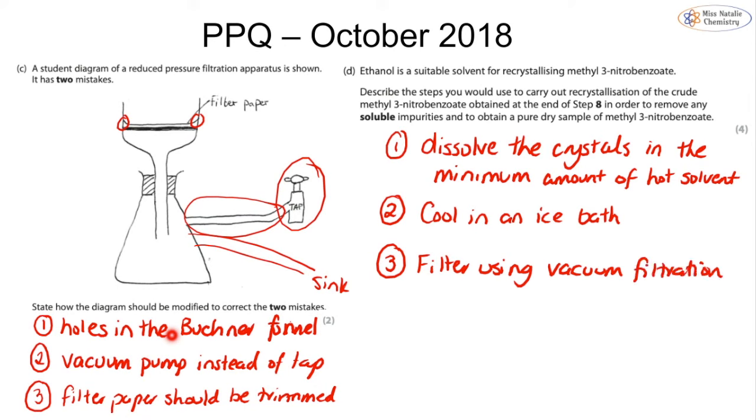And you can specify using a Buchner funnel or a Hirsch funnel, it doesn't really matter, and that's in order to remove our soluble impurities. And then the fourth part is to dry the crystals, and there are various ways that we can do that. We're going to say in a warm oven. Note that it is not a hot oven because that would then melt our crystals.